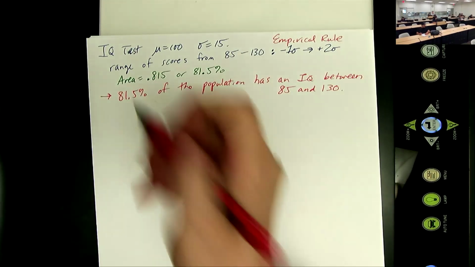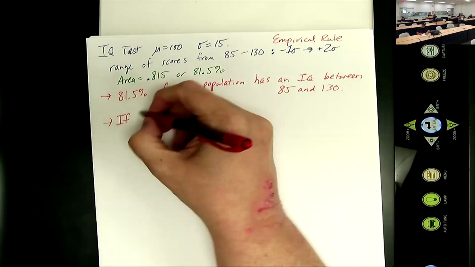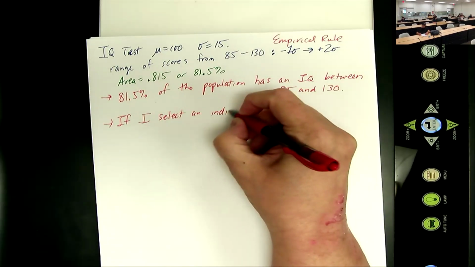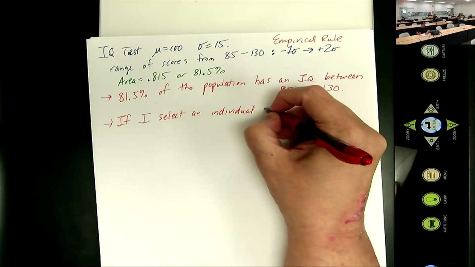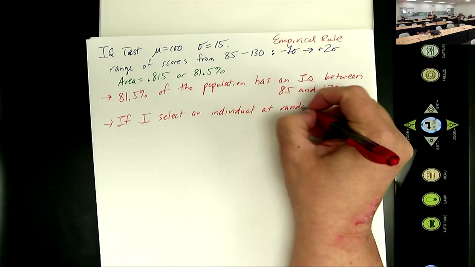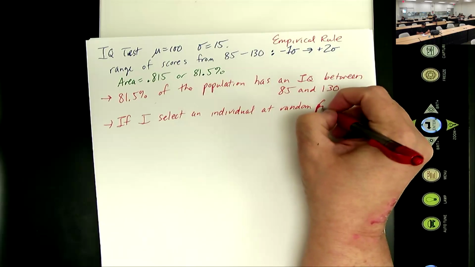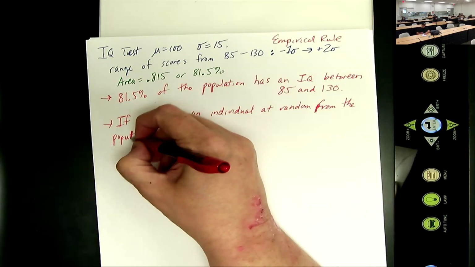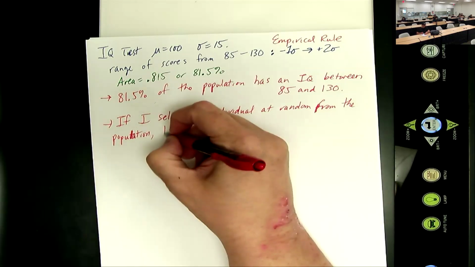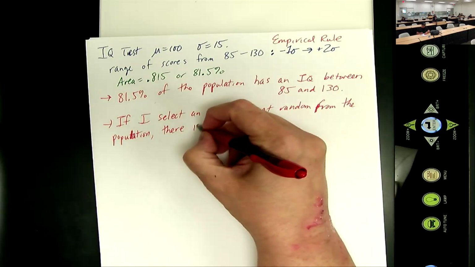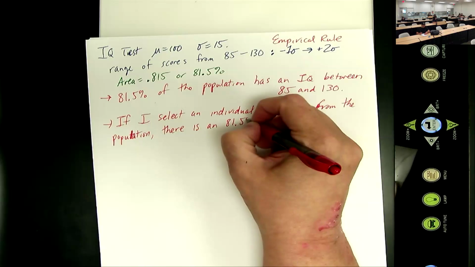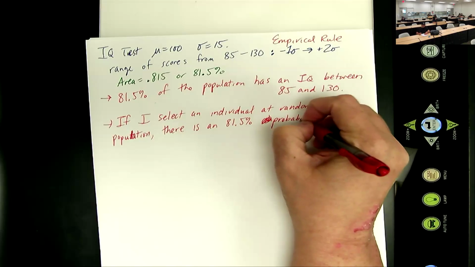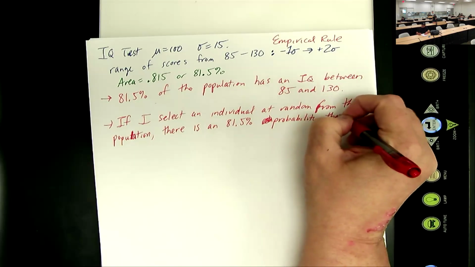And if I select an individual at random from the population, there is an 81.5% chance, or probability, that their IQ lies in that range.